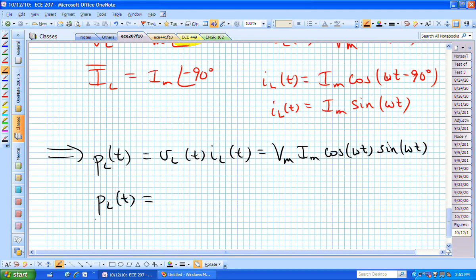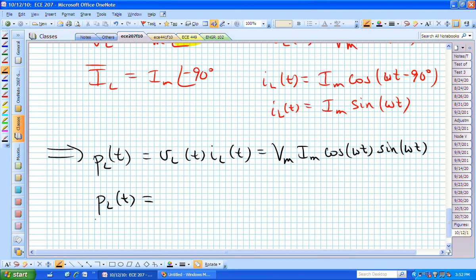Can I write that instead of a product of sine and cosine as just one sine or cosine, going back to your trig days? Yes, we could write it as squared, but I want to avoid squares now.